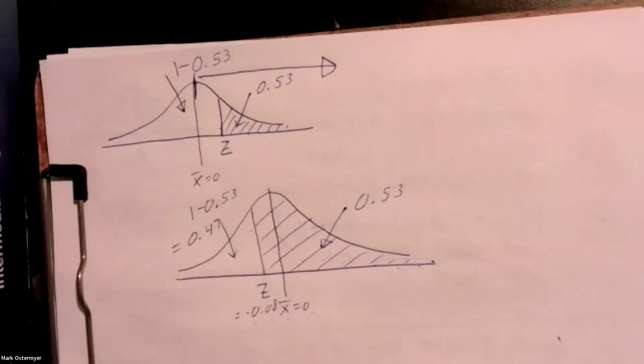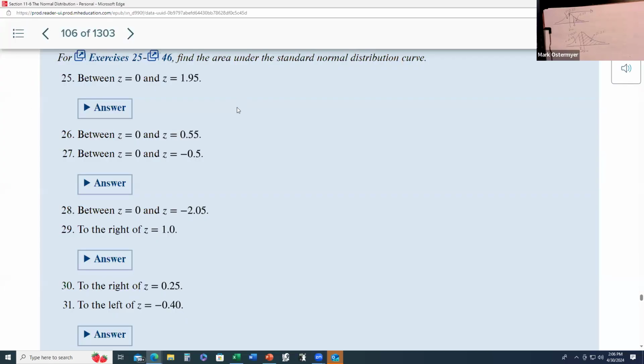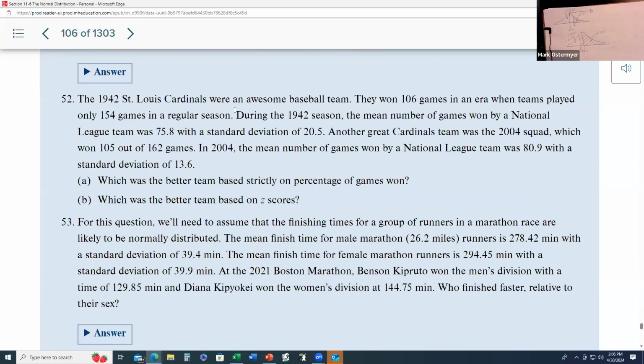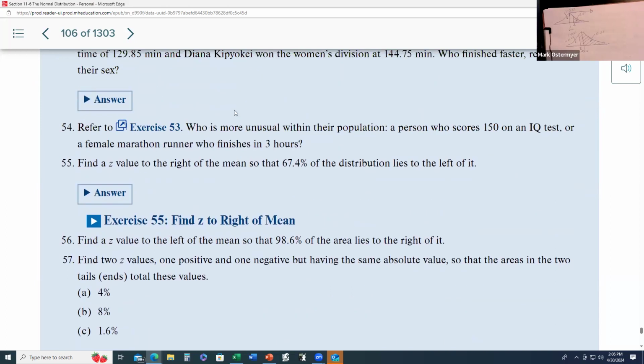All right, so go back to our textbook. Let's see if you can do a couple problems down here now. All right, number 55, we'll call this classwork number 2.